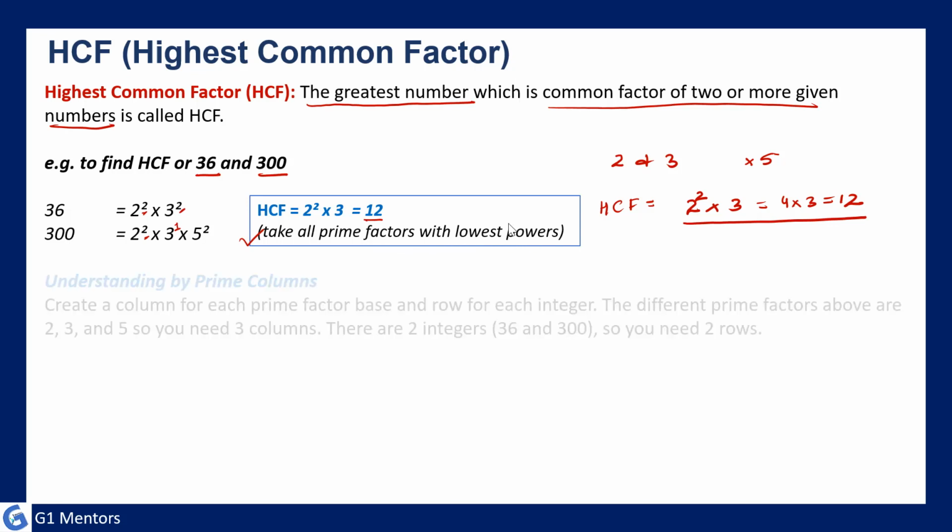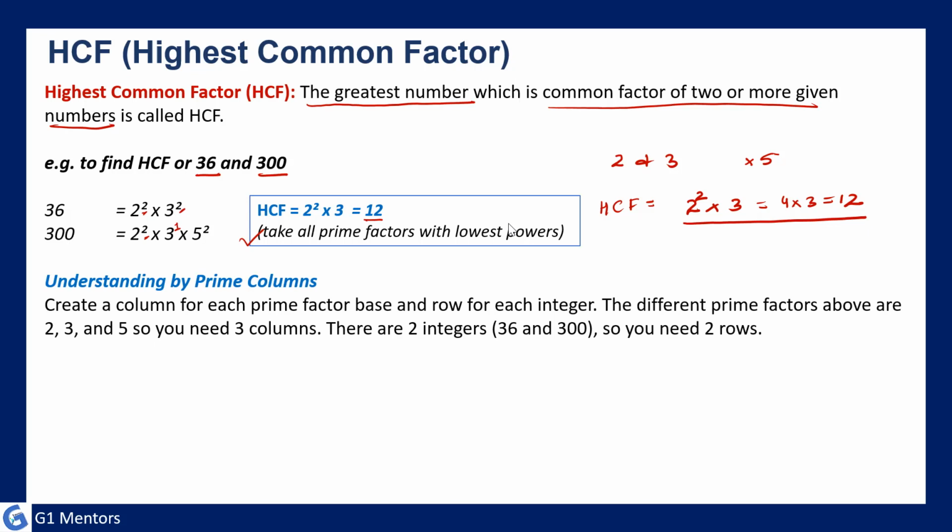Now let us try to find HCF by another method, which is the prime column method. We'll create a column for each prime factor base and a row for each integer. The different prime factors above are 2, 3 and 5.